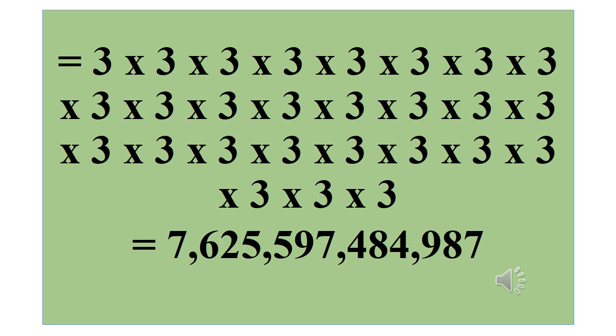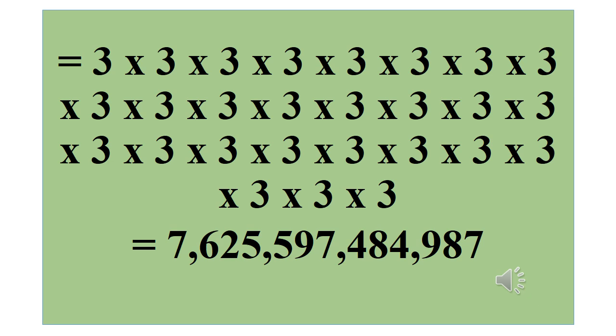Now if you multiply all the 3's together, you will get 7 trillion 625 billion 597,484,987. That is 3 in 27 places, 3 raised to power of 27.